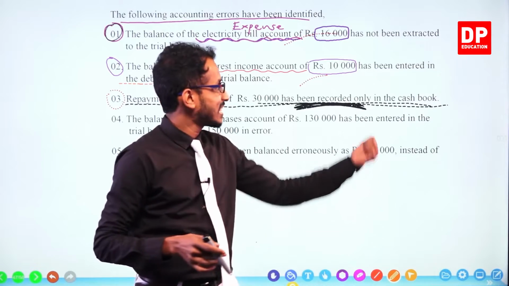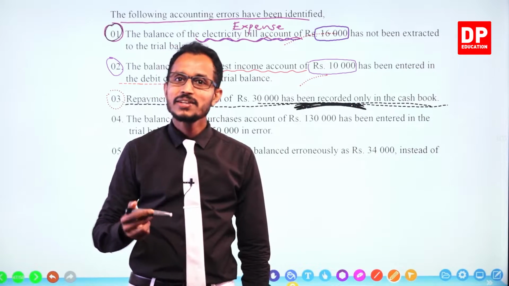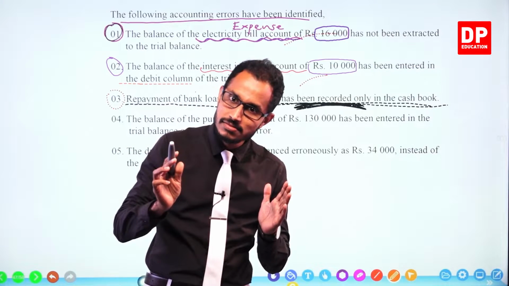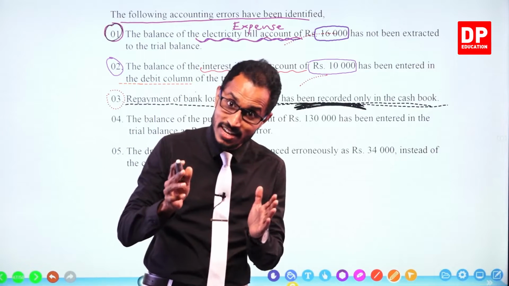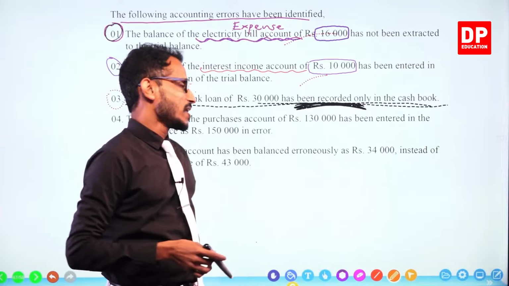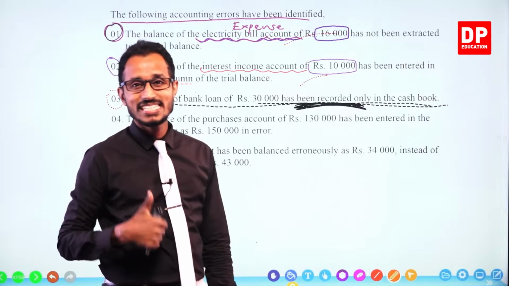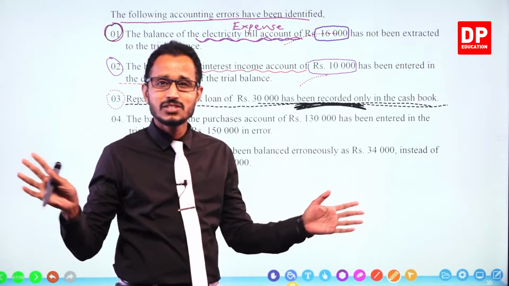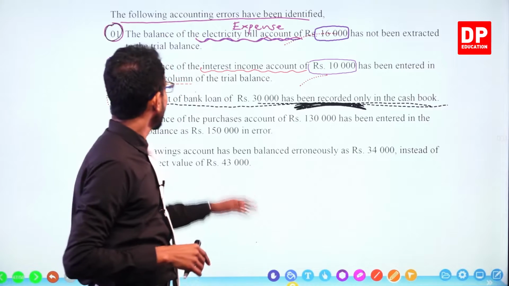And because this is an error which affects the trial balance, one entry must go to the suspense account. Good if you remember. I have been saying these things hundreds of times in the past few videos. Alright.